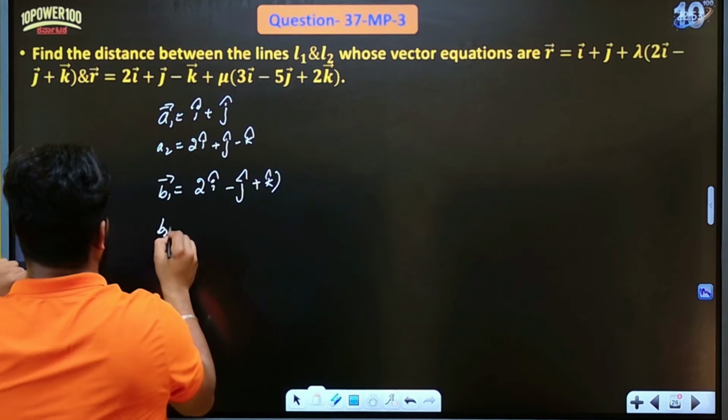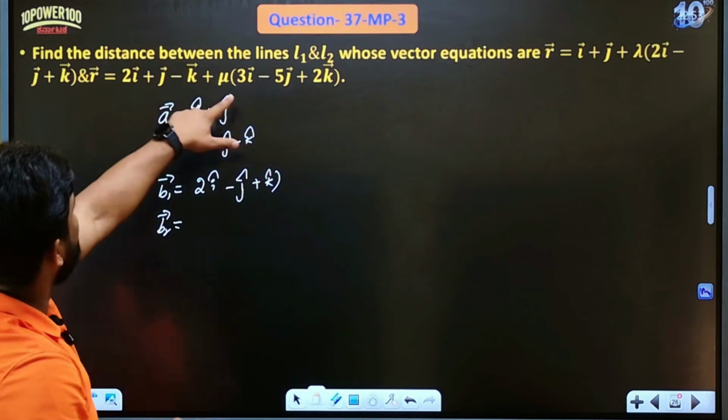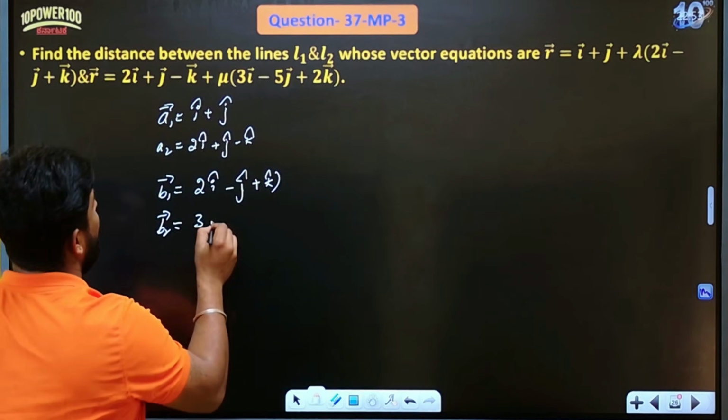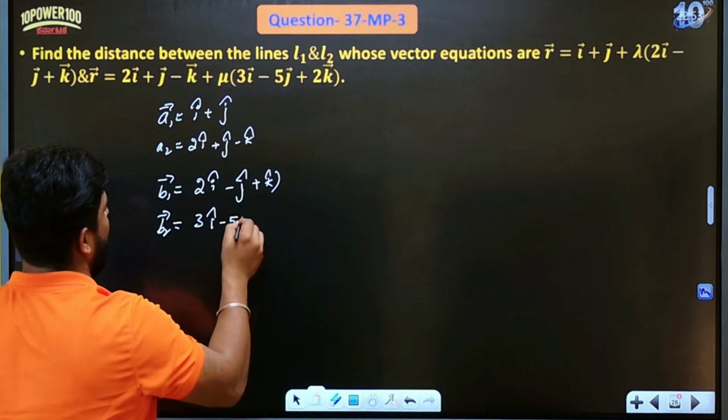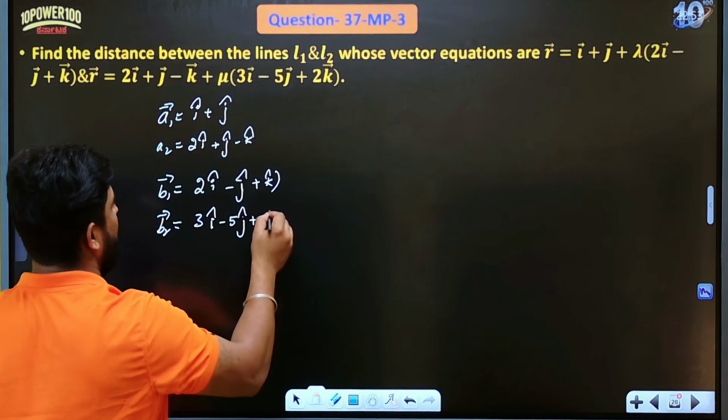Next, B2 vector is 3i cap minus 5j cap plus 2k cap.